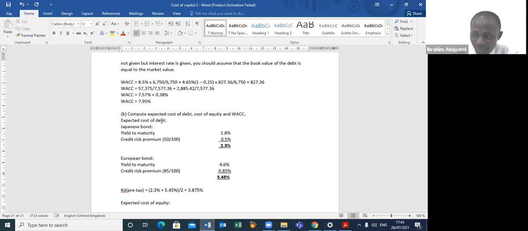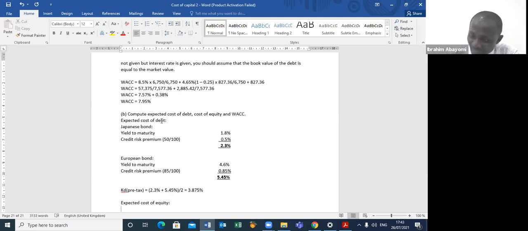This 1.5 equity beta, don't forget, equity beta measures how many risks? 2, Abi? Yes. Business risk and financial risk. These are the 2 risks that your equity beta measures.